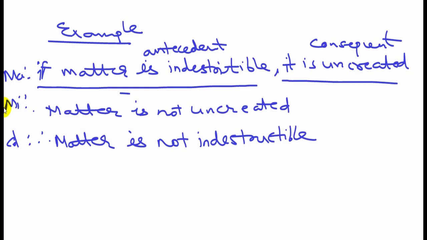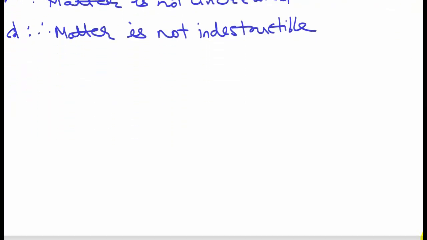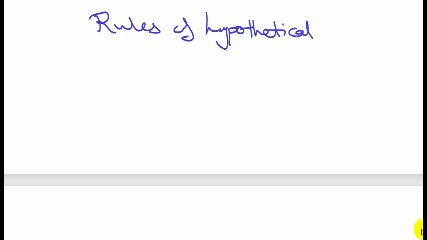Now let us look at the rules of hypothetical arguments. What are the rules? The constructive and destructive hypothetical arguments are sometimes expressed in the forms of rules. When so expressed, they are stated thus.